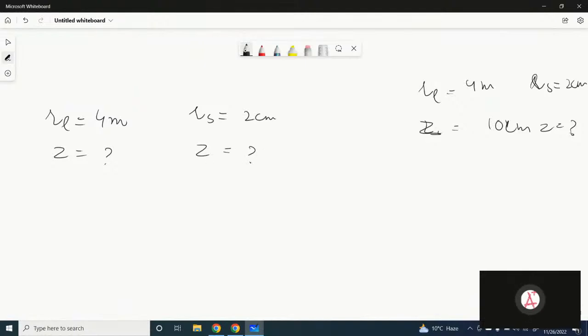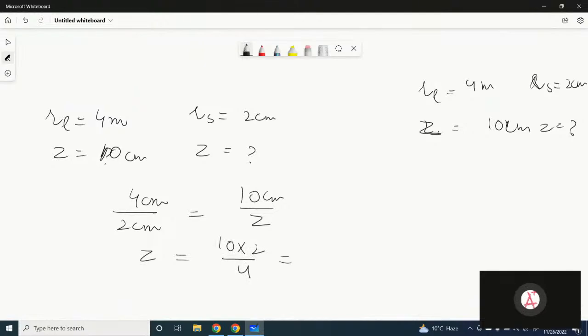Just form the proportion of the given sizes. It would be 4 divided by 2 equals 10 divided by Z. So Z is 10 times 2 divided by 4. 10 times 2 is 20, and 20 divided by 4 is 5 centimeters.